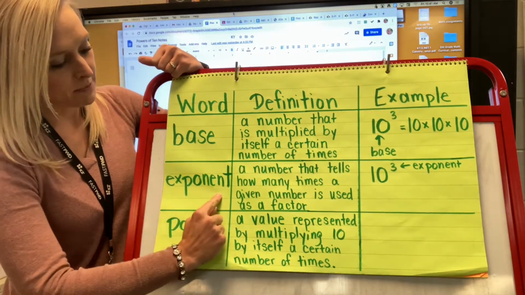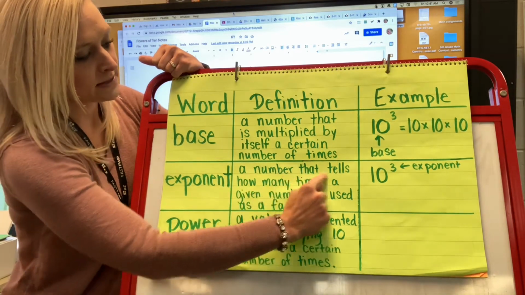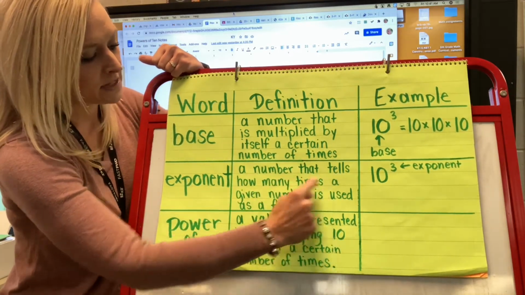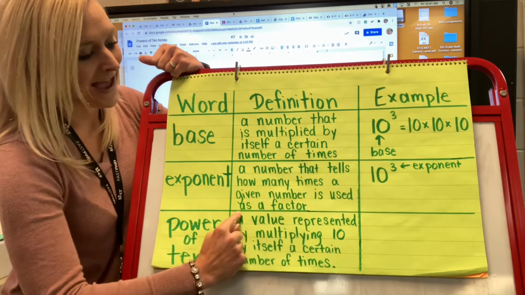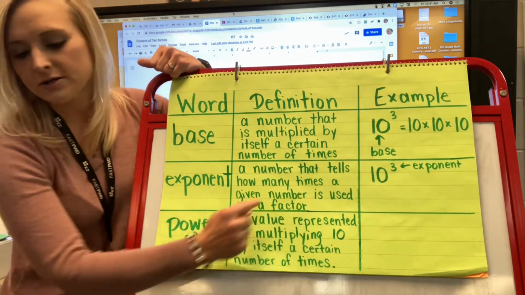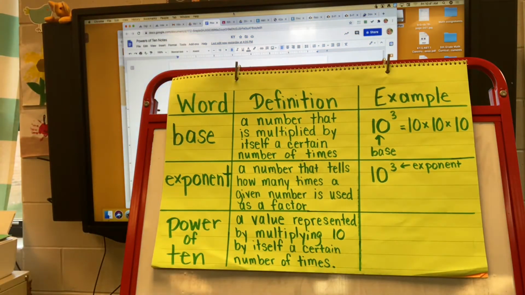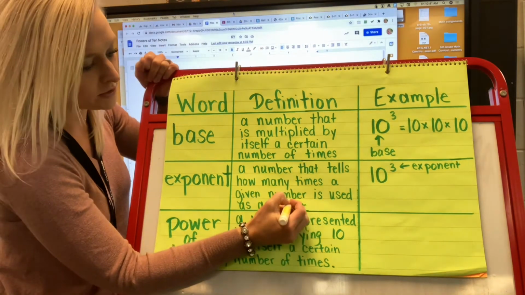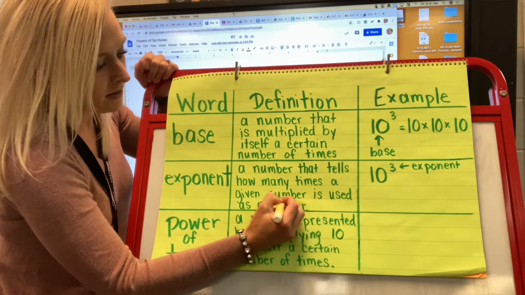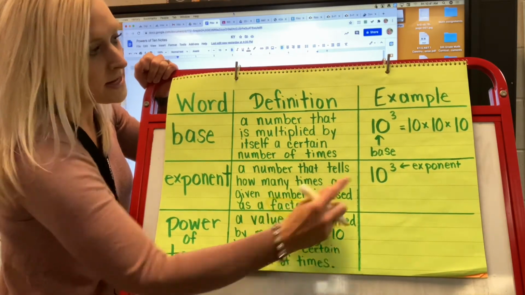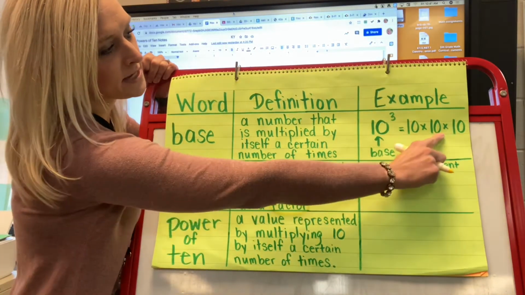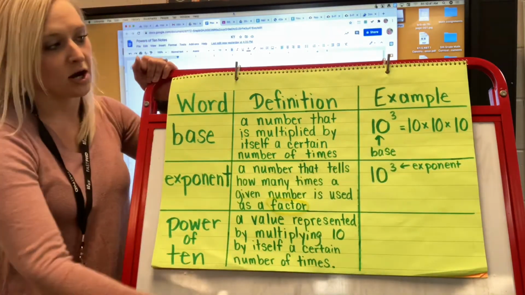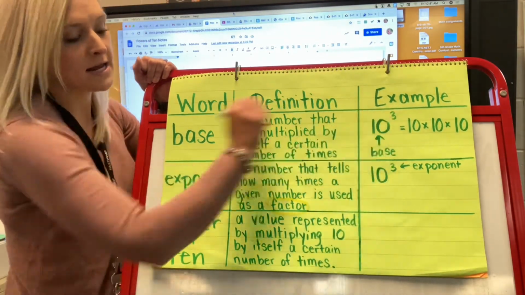Okay, so an exponent is a number that tells how many times a given number is used as a factor. Factor is a very important word here. Let me grab my highlighter. Factor is things that you multiply, okay? Factor. 10 is a factor here, 10 is a factor here, and 10 is a factor here. 10 is a factor 3 times.